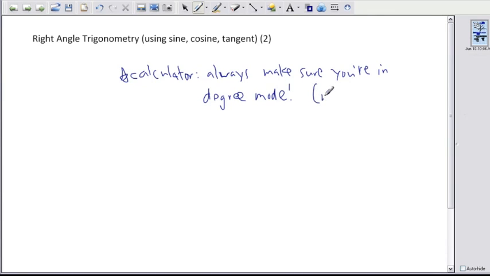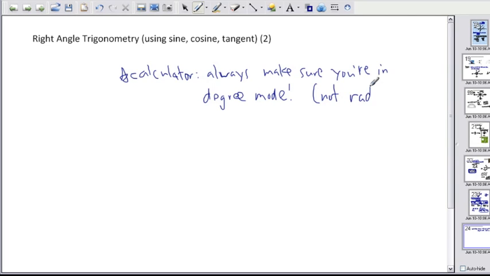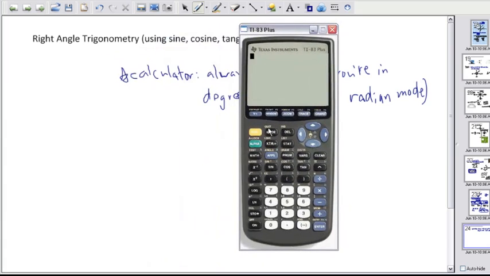In other words, not radian mode. That's because the way your calculator calculates angles depends on how you're defining the angle, if you're doing the angles in degrees, or what we're going to talk about later on called radians.